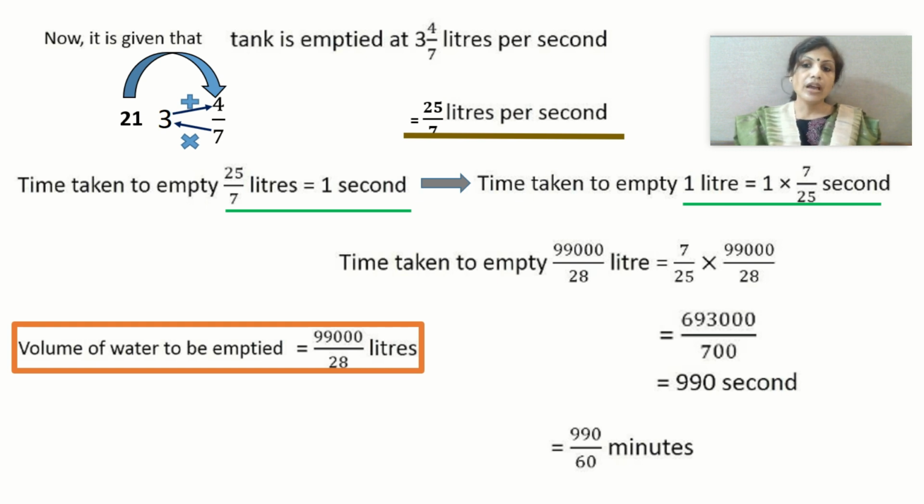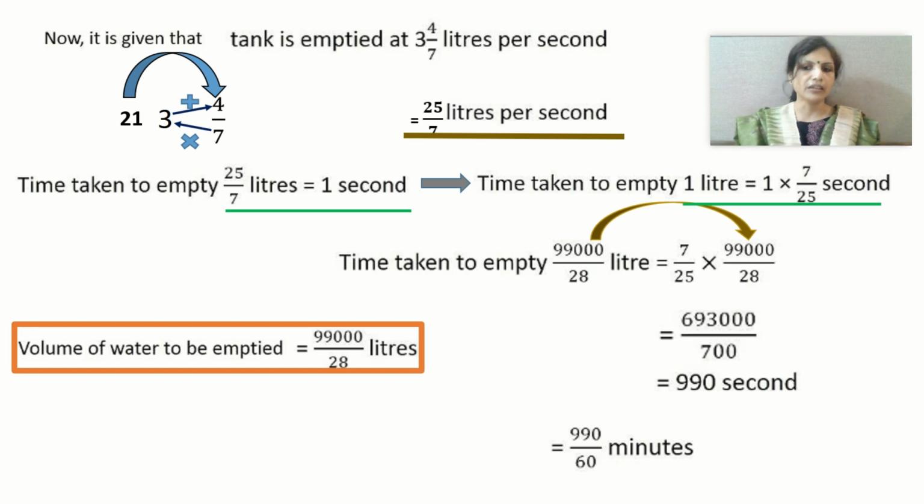So the time taken to empty 99,000 upon 28 liters of water will be 7 upon 25 into 99,000 upon 28. If you do 25 into 28, it is 700.